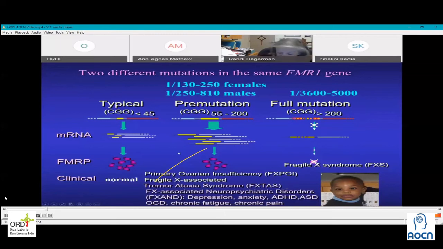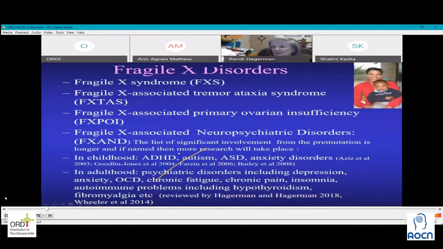I'm not going to talk much about the pre-mutation because this is focused on the full mutation, but all of these disorders are called Fragile X disorders, or sometimes termed Fragile X spectrum disorders. Most individuals with the pre-mutation do very well in life because anxiety and depression can be treated well with medication.